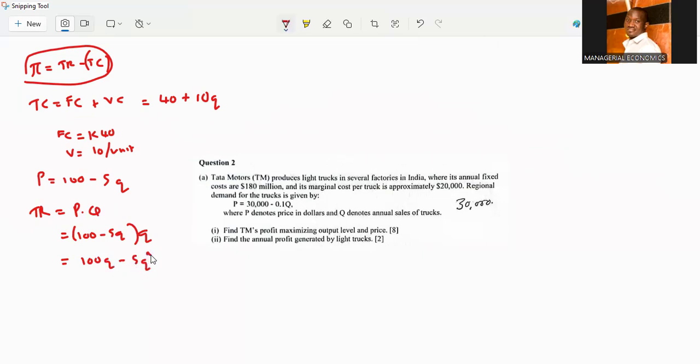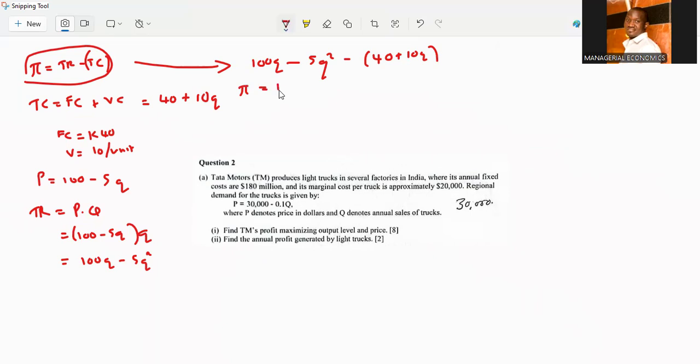So now we use the entire formula here. Where there's total revenue, we're going to say 100Q minus 5Q squared. And what is our total cost? 40 plus 10Q. So we put it in brackets here. So meaning what is our profit going to be?